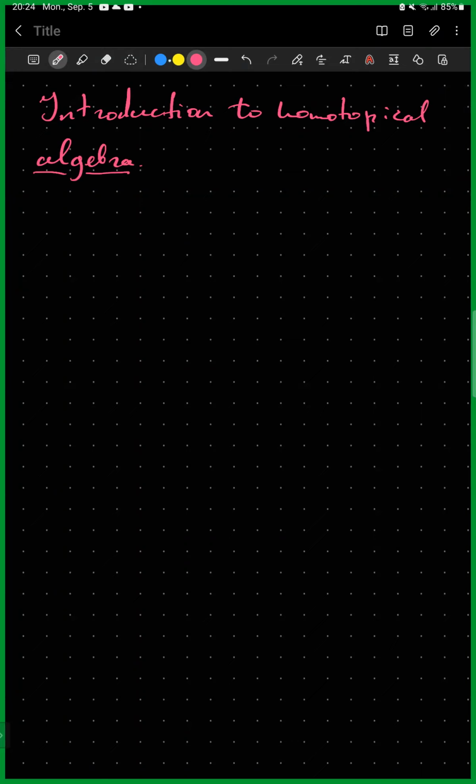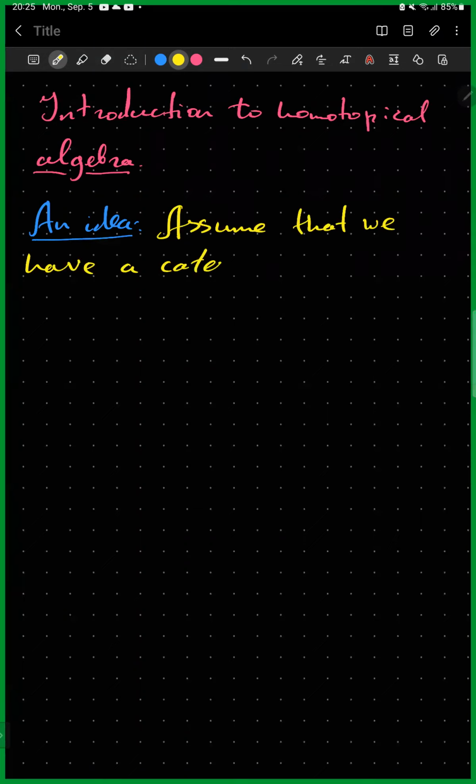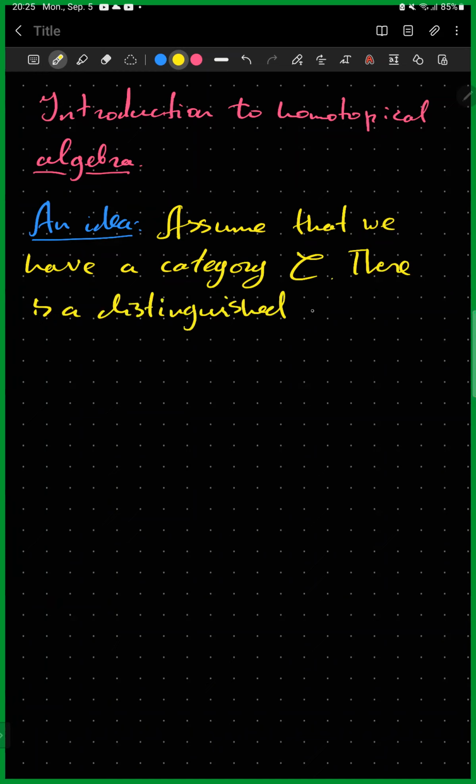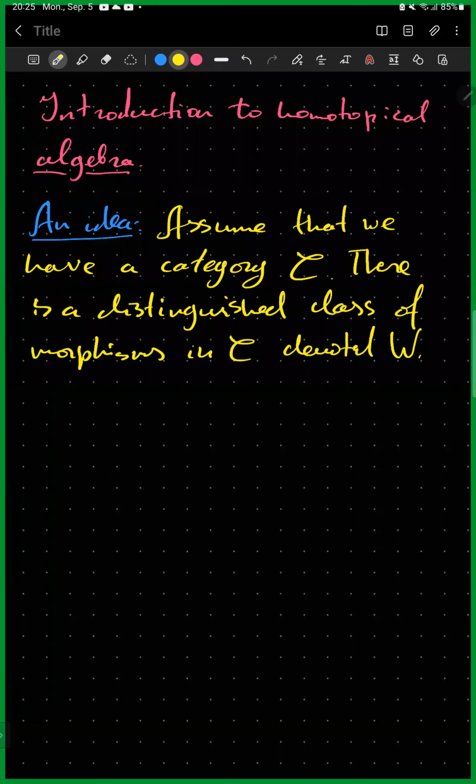So assume that we have a category C. And also assume that there is a distinguished class of morphisms in C, denoted by W. So these morphisms will be called weak equivalences.